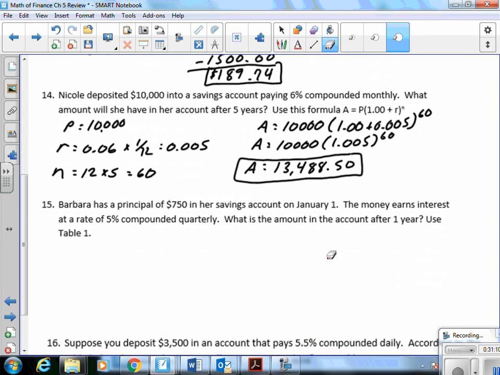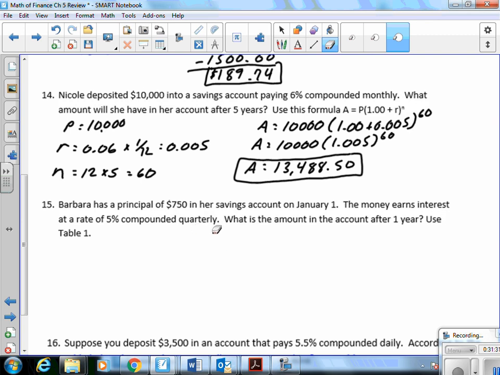All right, so 15. Barbara has a principal of $750 in her savings account on January 1st. The money earns interest at a rate of 5% compounded quarterly. Find the amount in the account after 1 year, and use table 1.